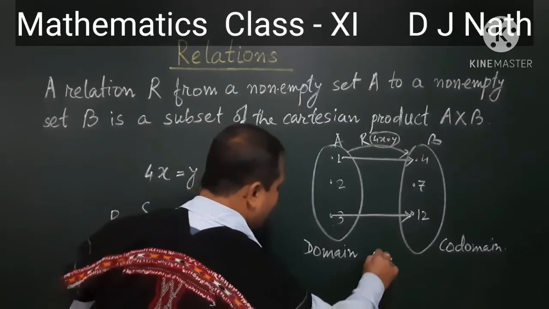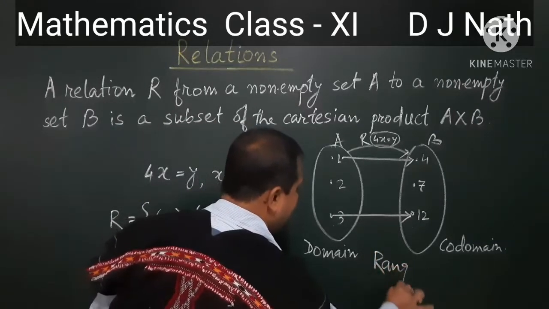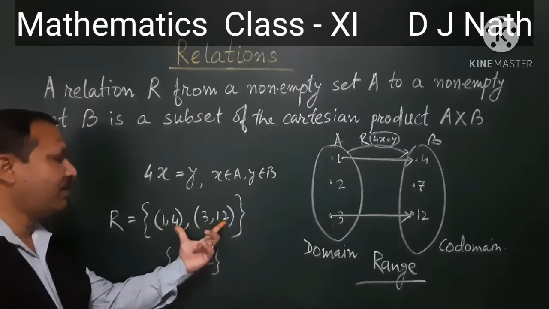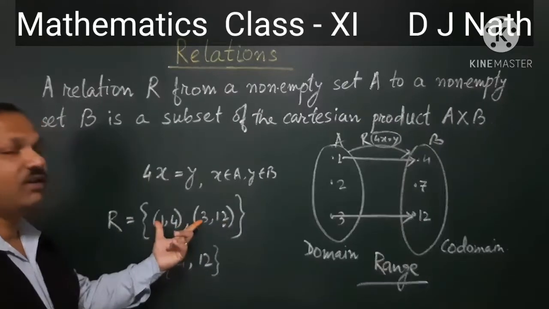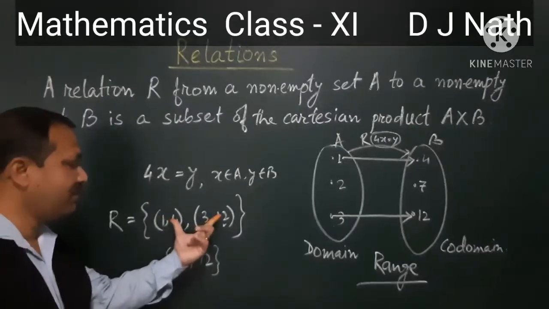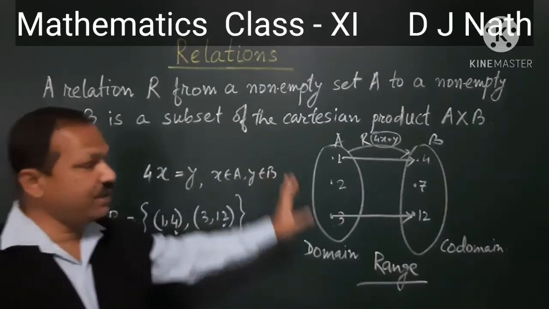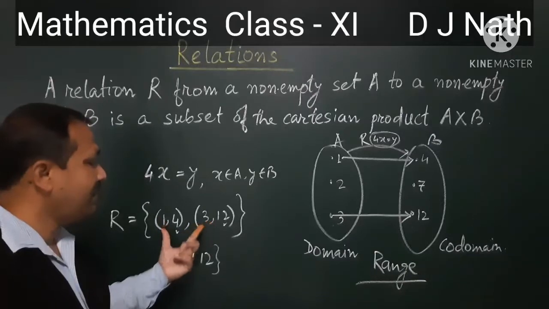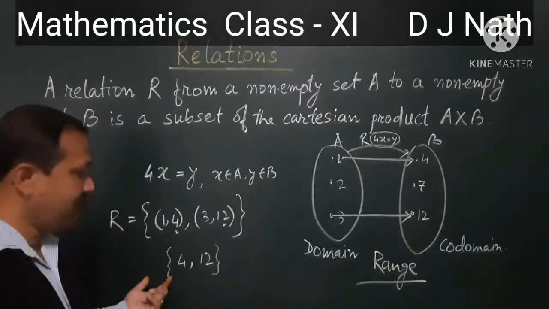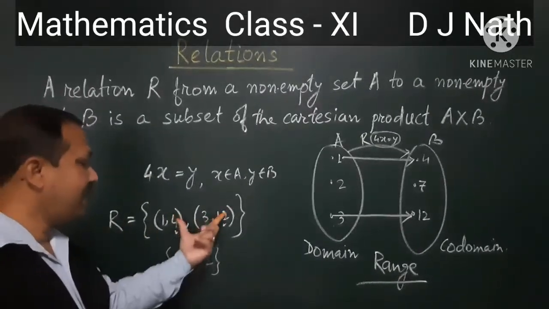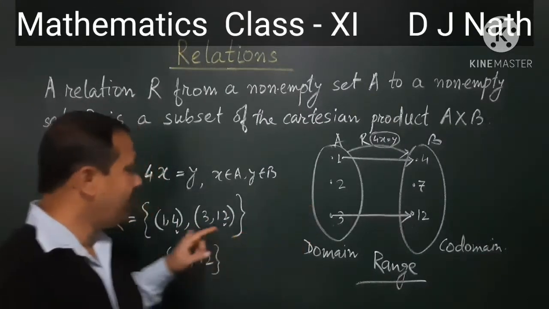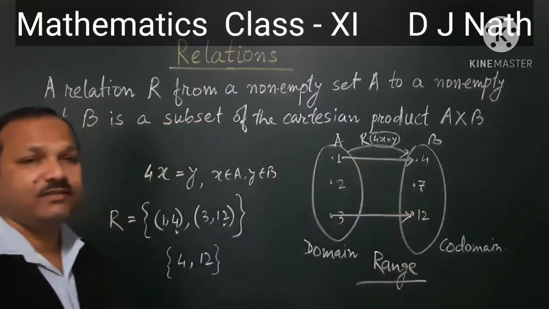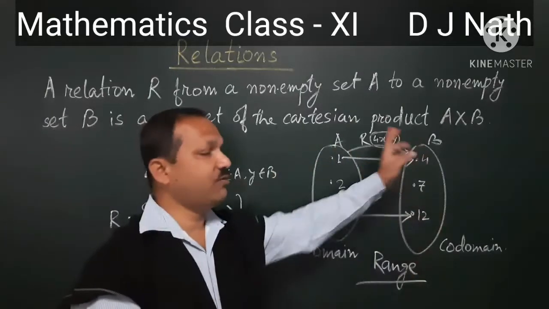One more term is there, range. Okay, what is range? The second element is called range. The first element is called domain and the second element is called range. Though the domain set has 3 elements, here the domain will be 1 and 3, because the first element is called domain and the second element is called range. Remember that this range will be a subset of the codomain. It may not be equal to the codomain.